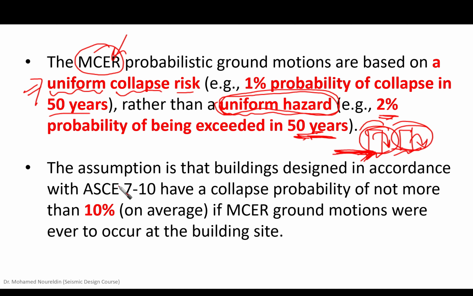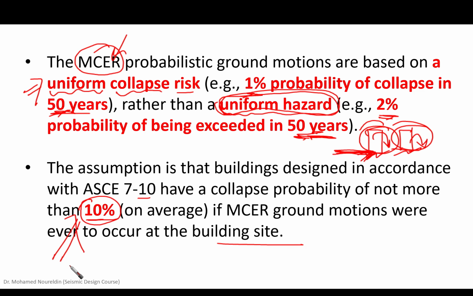The assumption is that buildings designed in accordance with ASCE 7-10 have a collapse probability of not more than 10% on average if MCER ground motions were ever to occur at the building site. That's very important here. 10%, which is, as we said, the 1% in 50 years, almost around 10%.